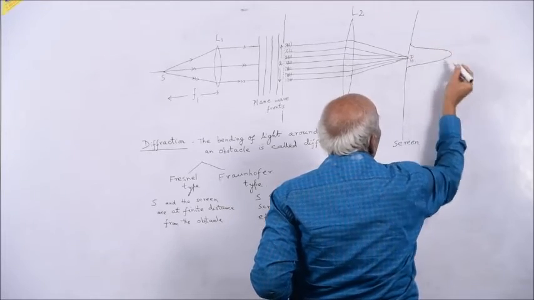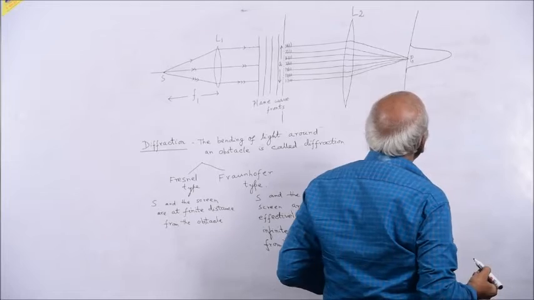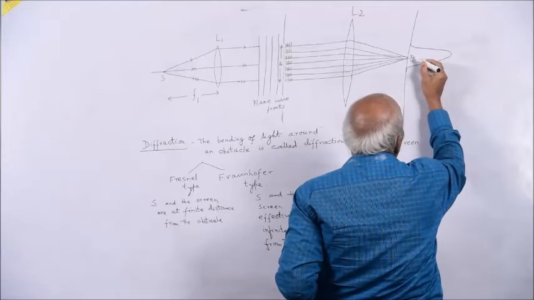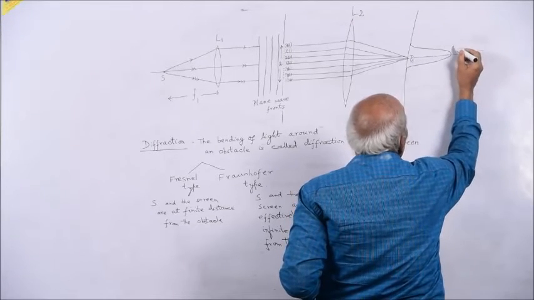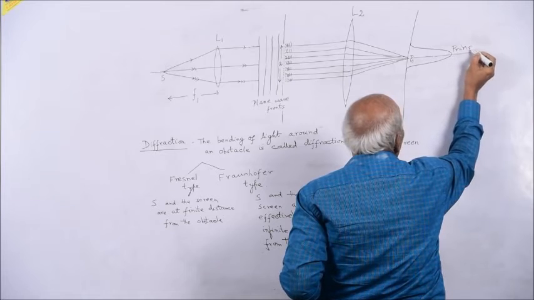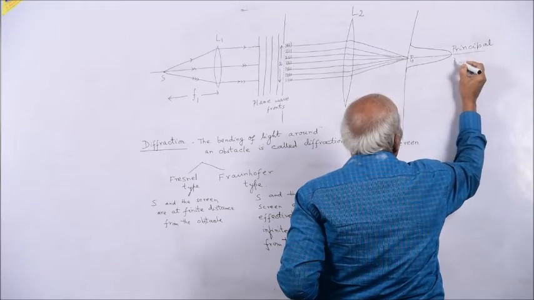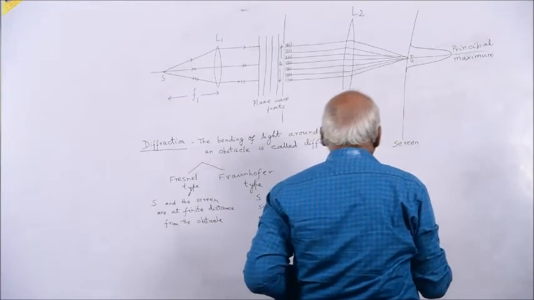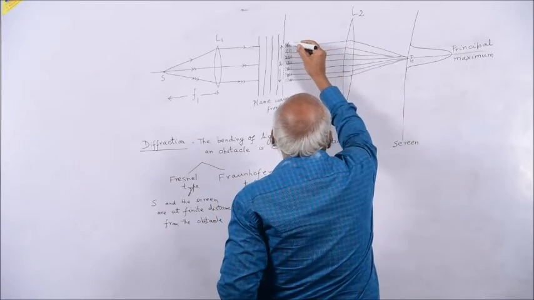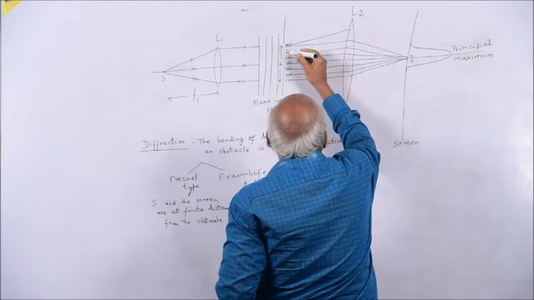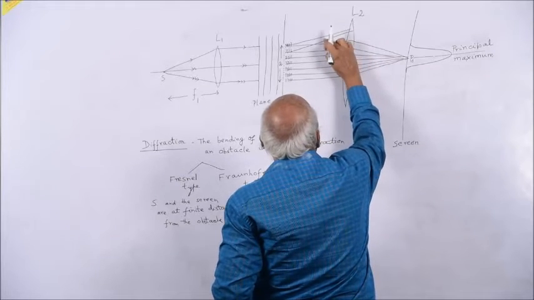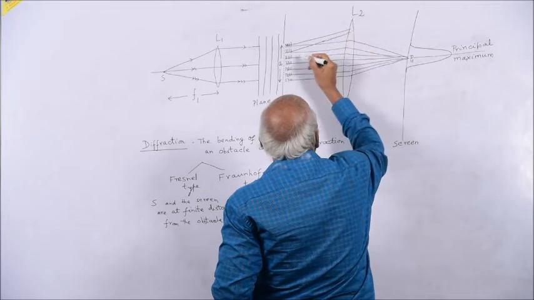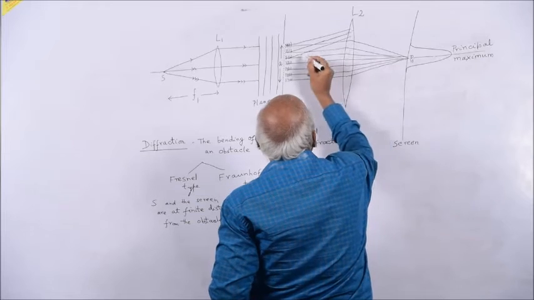This hill type of thing represents the intensity pattern. Intensity is maximum here and it is called principal maximum. Then what other things are observed? Suppose the rays travel in some inclined way, parallel to each other, making the same angle theta.